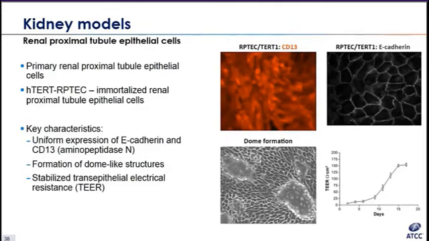The cells exhibit stabilized TEER, which measures electrical resistance across a monolayer of cells. This confirms integrity and permeability of a monolayer. Additionally, both cell types exhibit dome formation, which is indicative of a transport or secretory function in vivo and in vitro.